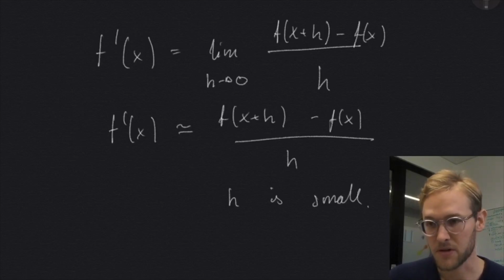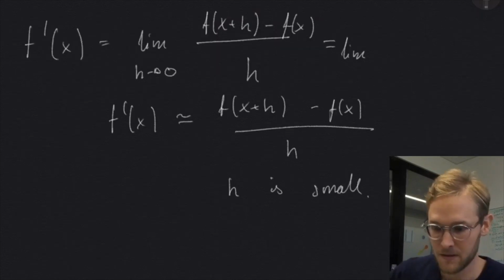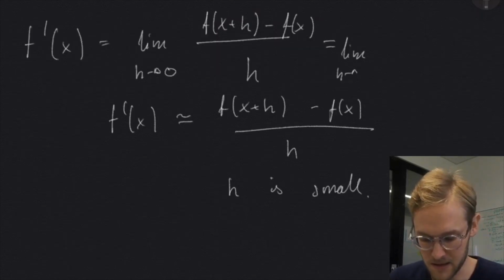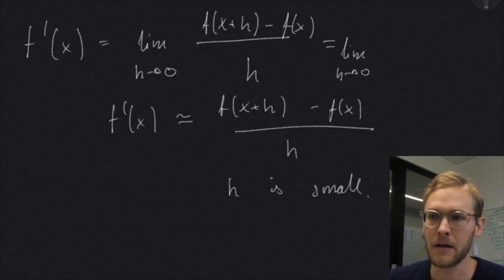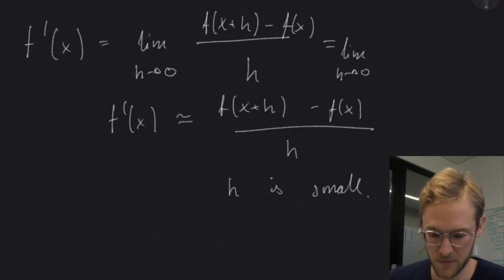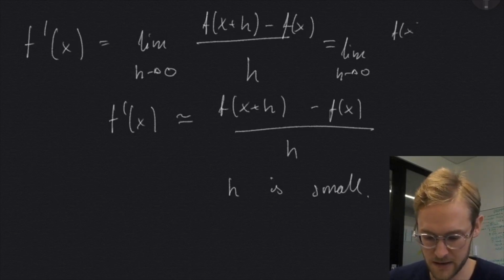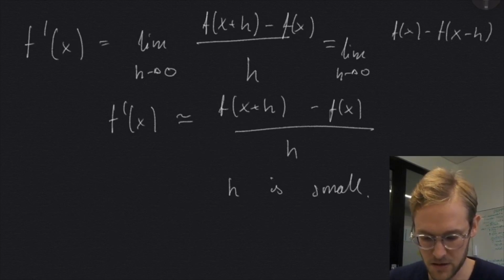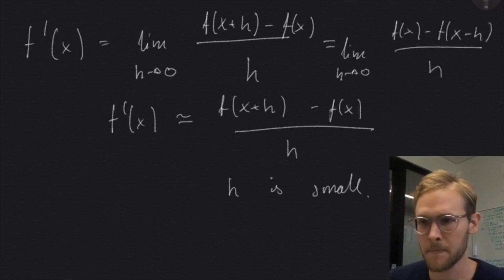But we want to approximate the second derivative. So this will be exactly the same as going backwards instead of forwards. So we could have f of x minus f of x minus h, divided by h.